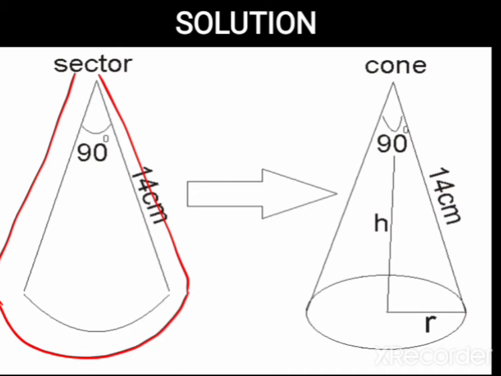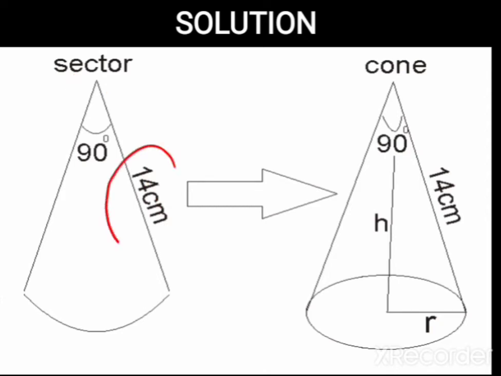So we need to form a cone. We form a cone. It will still maintain the same angle of 90 degrees at the center. Then the radius of the sector, which is 14 centimeters, is equal to the slant height of the cone.